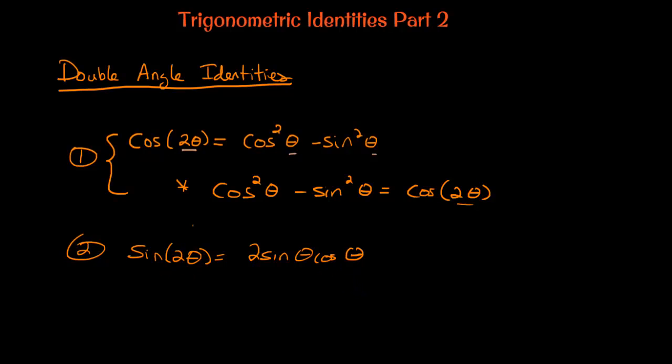Here I would say this one is used quite often. I don't know why, but I think calculus textbooks love sine of 2 theta. It's a really nice double angle identity for us to remember and work with continuously. So I have seen that one pretty often. If you want to reduce the angle by half, you can do so by using this double angle. If you want to double the angle, you can use it the opposite way.